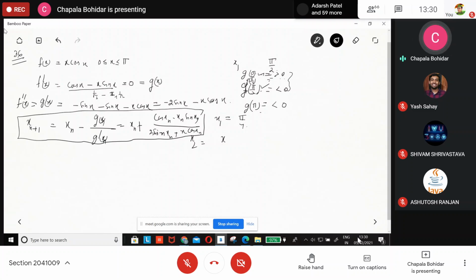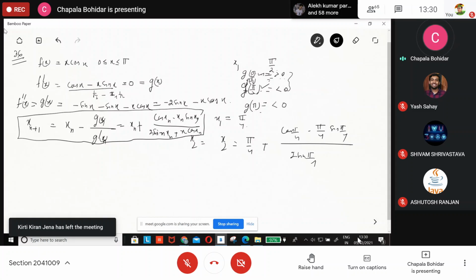Okay, now put x1 is equal to pi by 4. So x2 is equal to pi by 4 minus cos pi by 4 minus pi by 4 into sin pi by 4, divided by 2 sin pi by 4 plus pi by 4 into cos pi by 4.